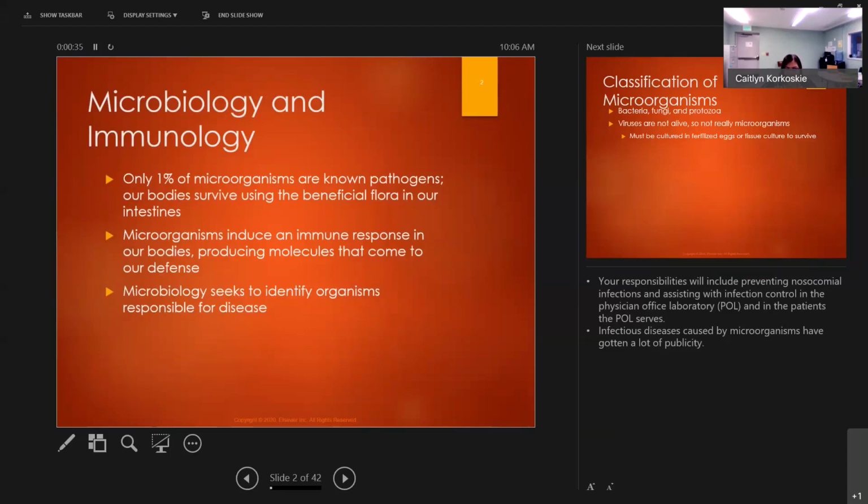Again, only 1% of microorganisms are known pathogens. Does that make sense? Okay, perfect. So we'll be helping to prevent the different infections with microorganisms.